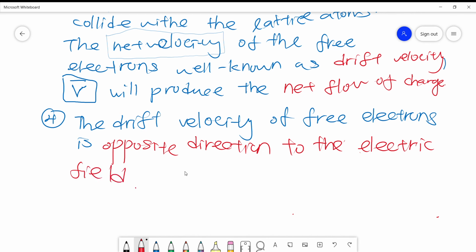Okay, so the drift velocity of the free electron is opposite in direction to the electric field.